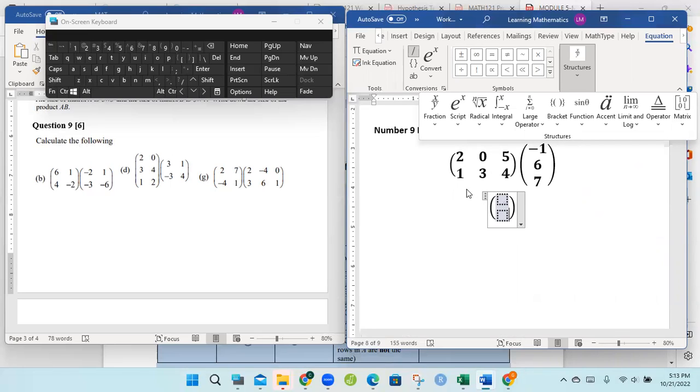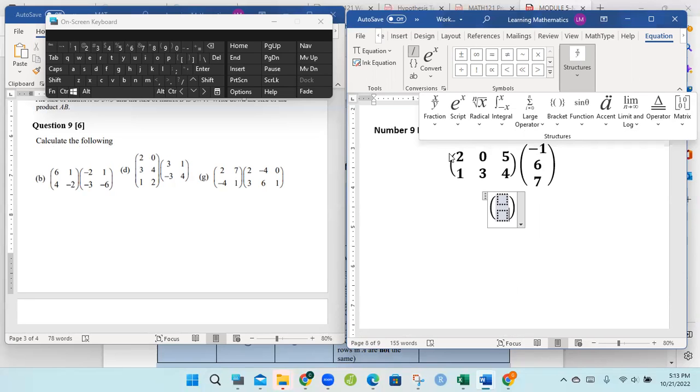So let's go over that again. Is multiplication possible? Yes, because 1, 2, 3 across, 1, 2, 3 down. Multiplication is possible. What will my answer be? What is the size of my product matrix? To know the size, you have to count the number of rows. 1 row, 2 rows.